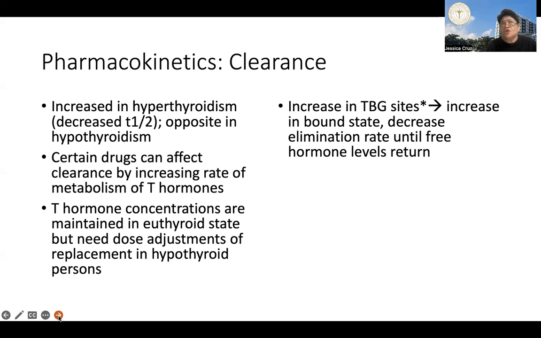This is because of the compensatory response of the normally functioning thyroid gland. So there is an increase in the synthesis of thyroid hormone to offset the increased clearance. And this will happen because the thyroid gland is normal.